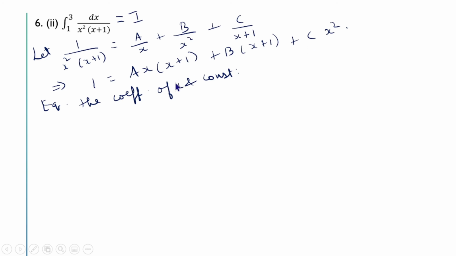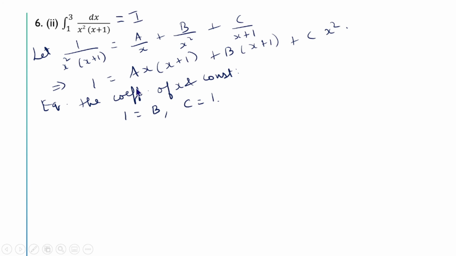So first let us substitute x as 0 and find b. When we substitute x as 0, we get 1 is equal to b. Then when we substitute x as minus 1, we will not have the terms with a and b. So we get 1 is equal to c into minus 1 the whole square, or c is equal to 1.